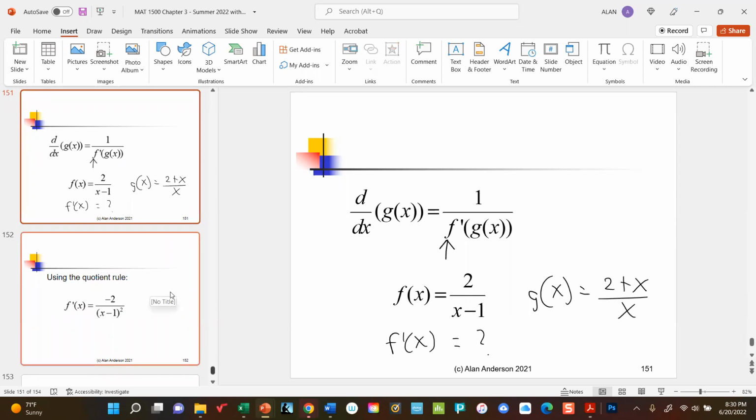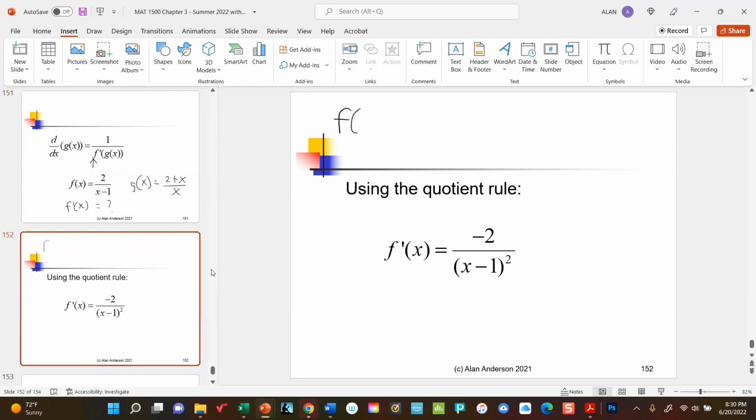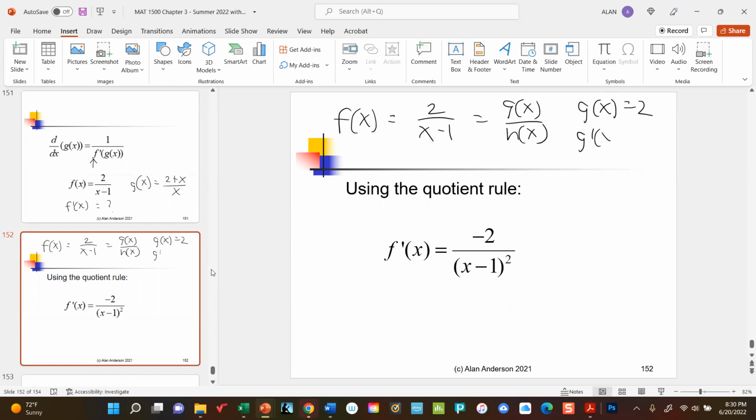So we're going to use the quotient rule here. And so g of x is 2, which implies that g prime of x is 0.